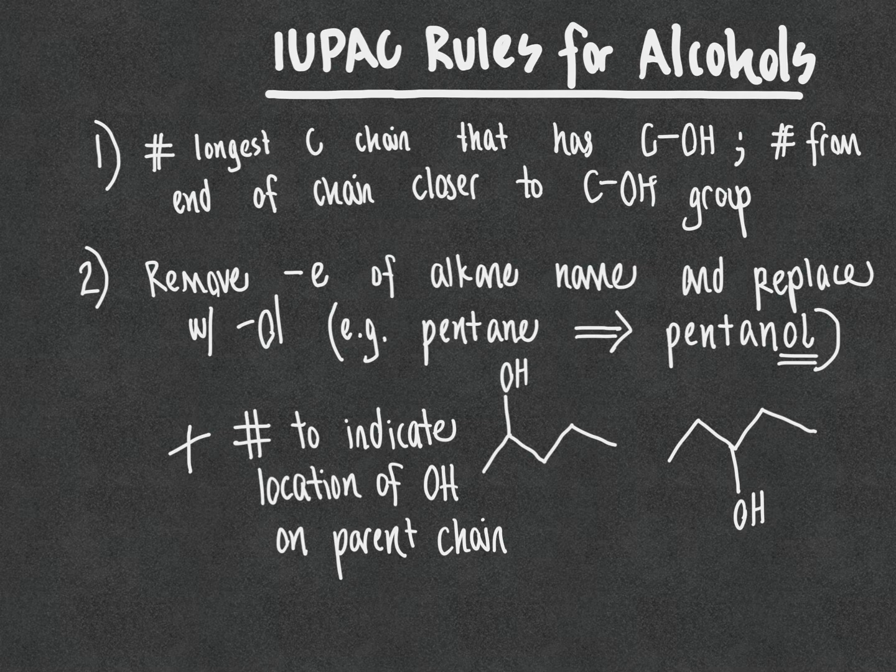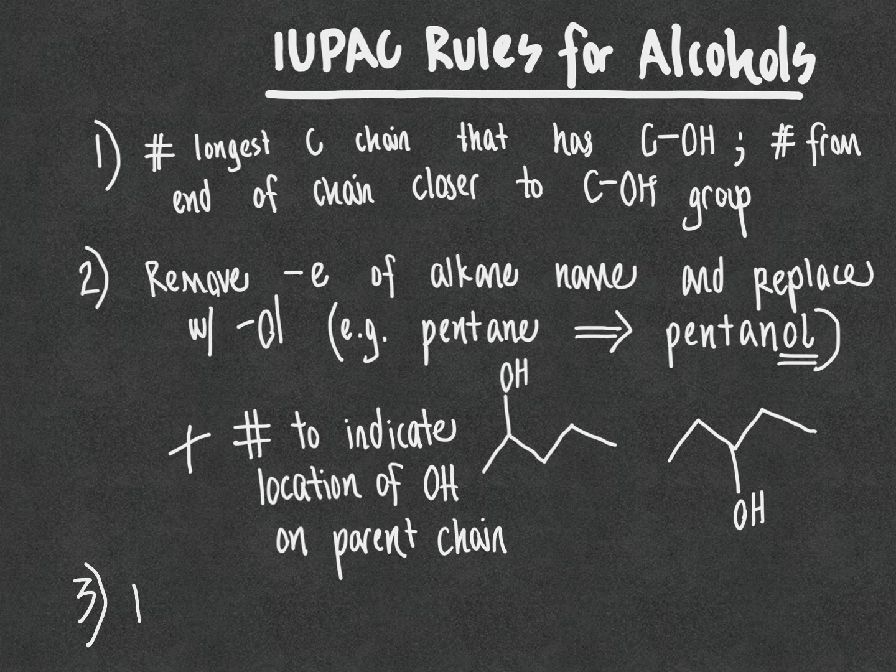Then finally, completely analogously to naming alkanes and haloalkanes and all the other types of molecules we've looked at so far, we need to name and number the branches on the chain. Those are the so-called alkyl groups, such as methyl, isopropyl, tert-butyl, etc. We list those in alphabetical order as prefixes in the overall name for the molecule.